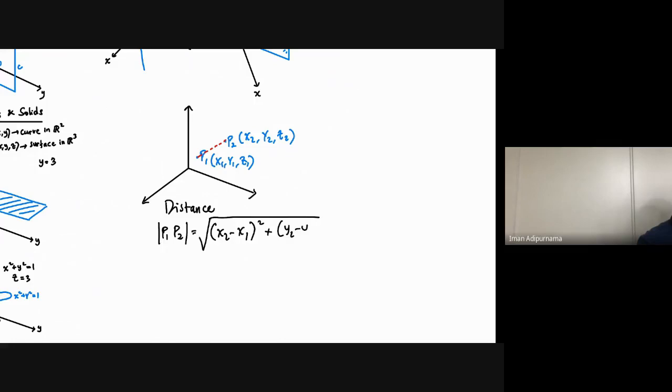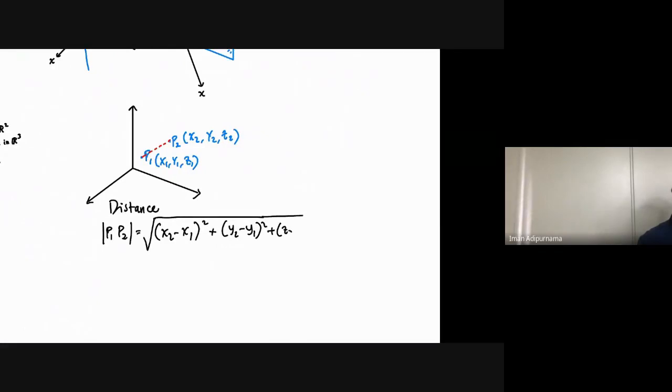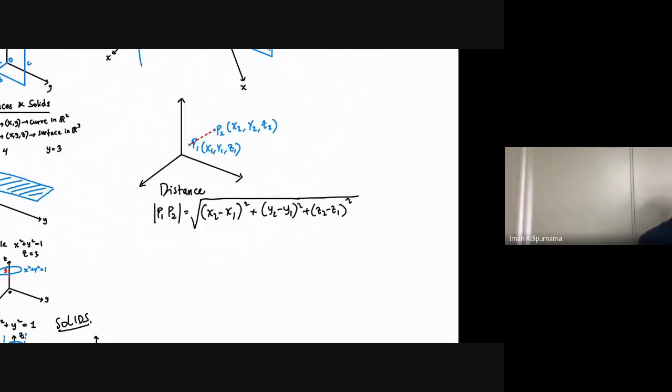And then y2 minus y1 squared, and then plus z2 minus z1 squared. Okay. This is just a reminder for the vectors.